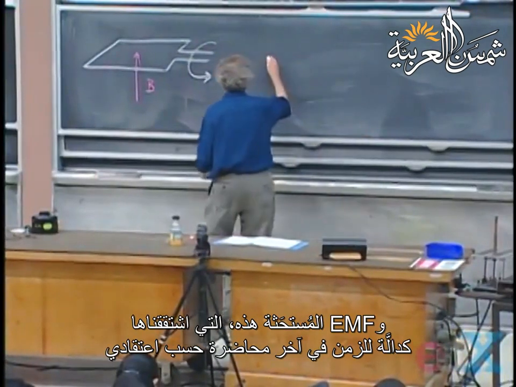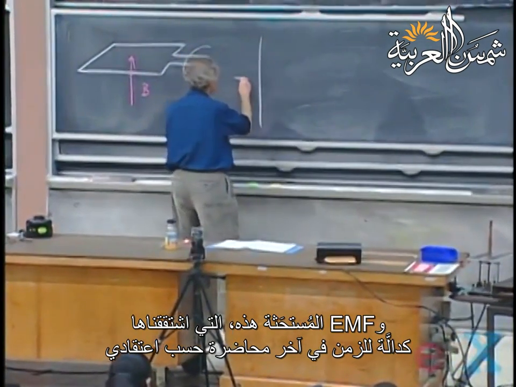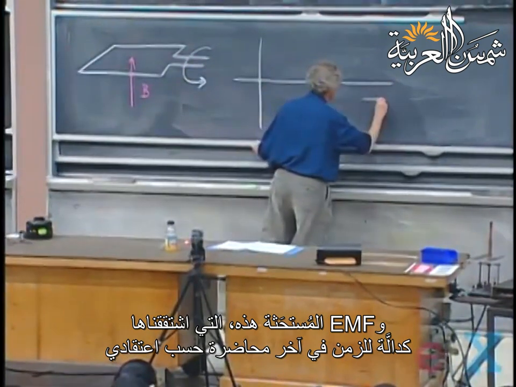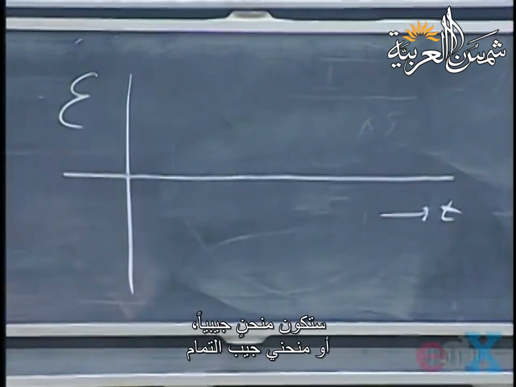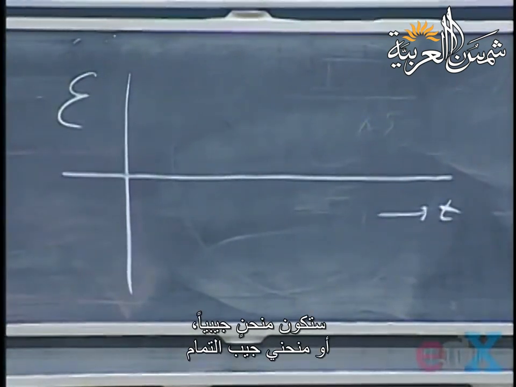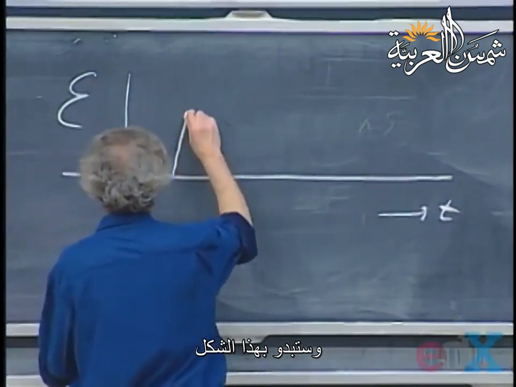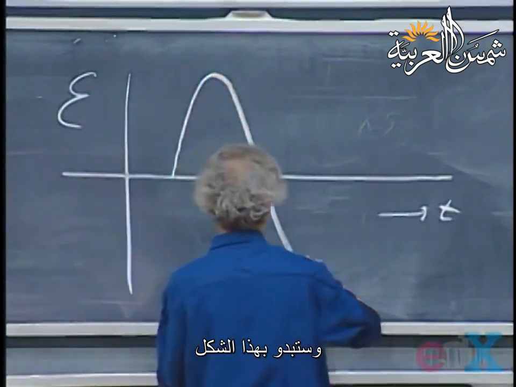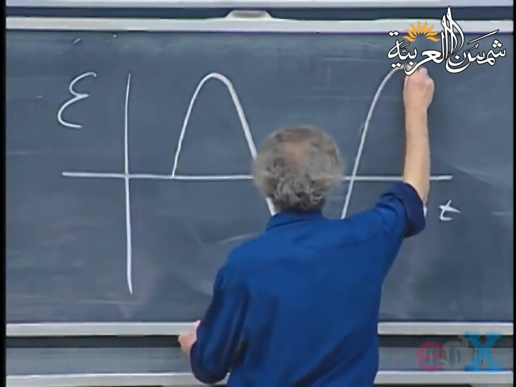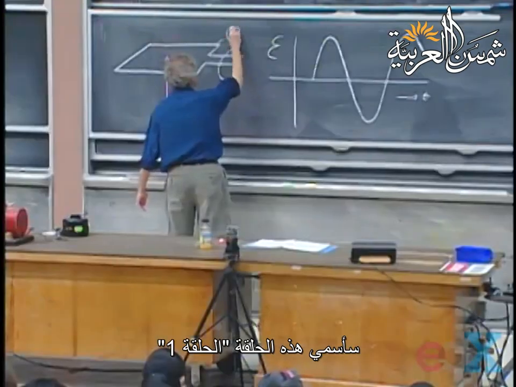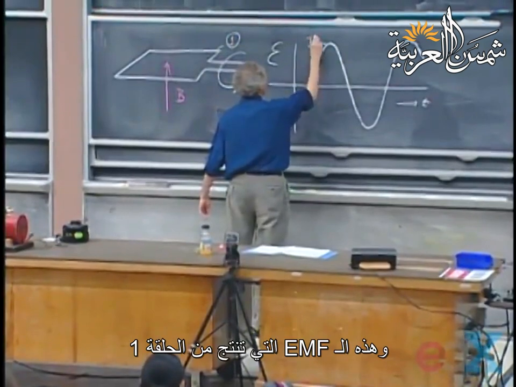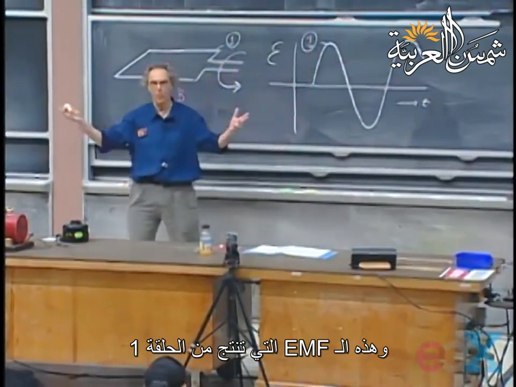And that induced EMF, which we derived, I think it was last lecture, as a function of time, will be a sinusoidal or a cosinusoidal curve, and therefore will look something like this. I call this loop number 1, and so this is the EMF produced by loop number 1.